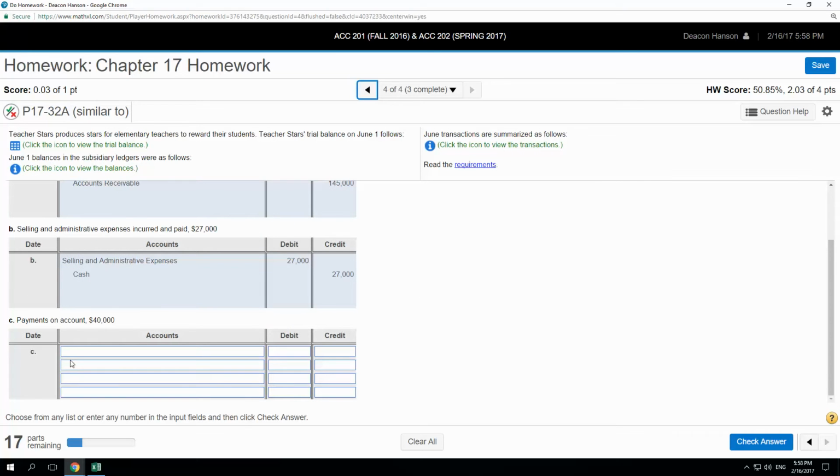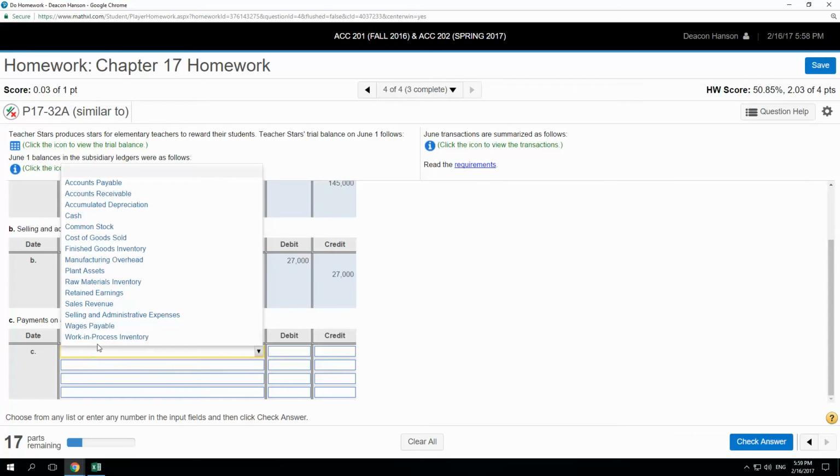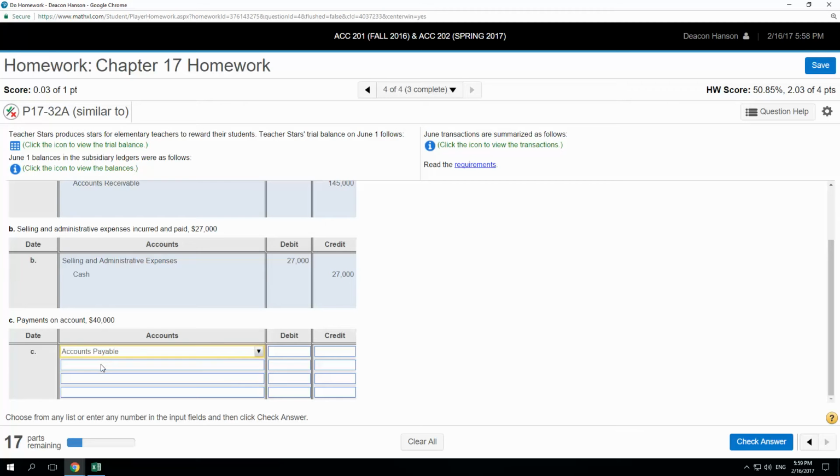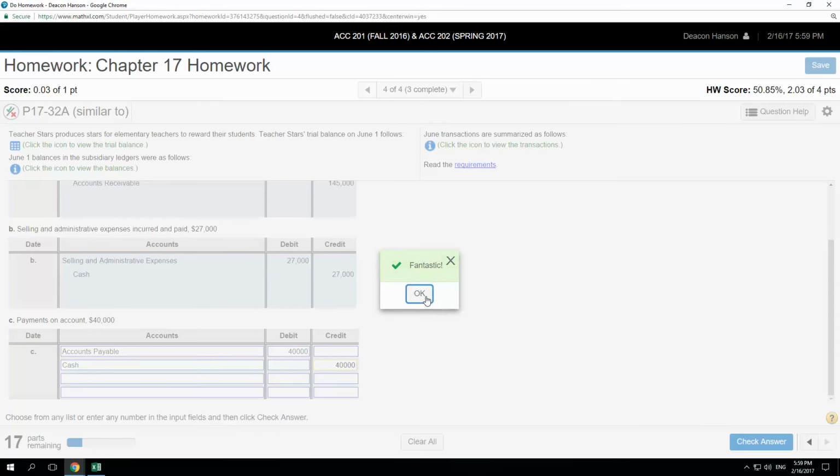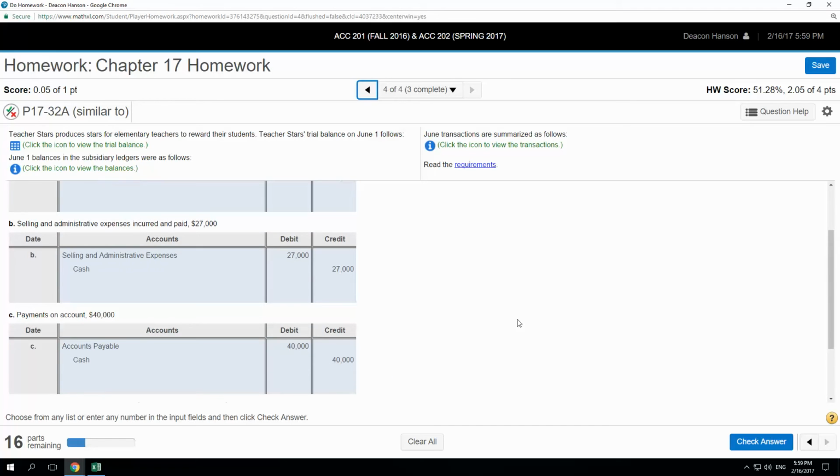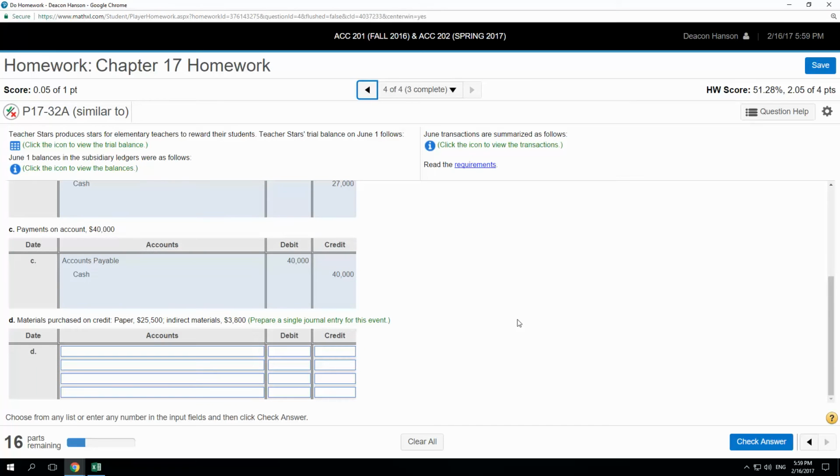So that means that we're paying off accounts payable. We're going to debit accounts payable and credit cash 40,000. So a little bit of a review from 201 type of stuff.